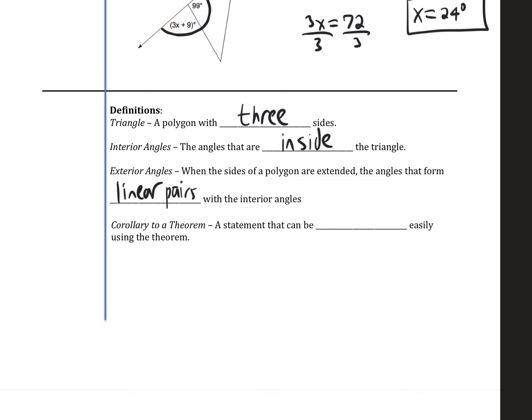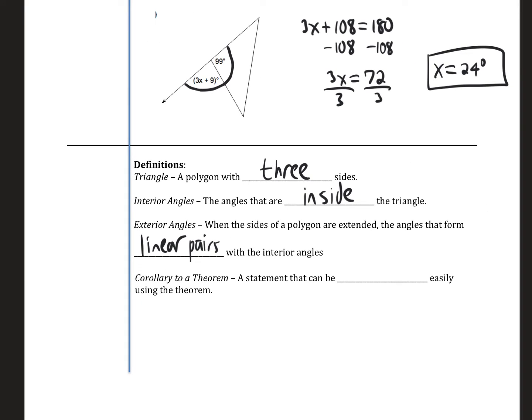with the interior angle. So here's an exterior angle, okay? Actually up here, this 3x plus 9 is an exterior angle. So if I draw a triangle like this, right? That's a bad triangle. Let me try to draw a little bit better. So look, if I extend the side here, x would be an exterior angle. Y would be an exterior angle. Z would be an exterior angle.